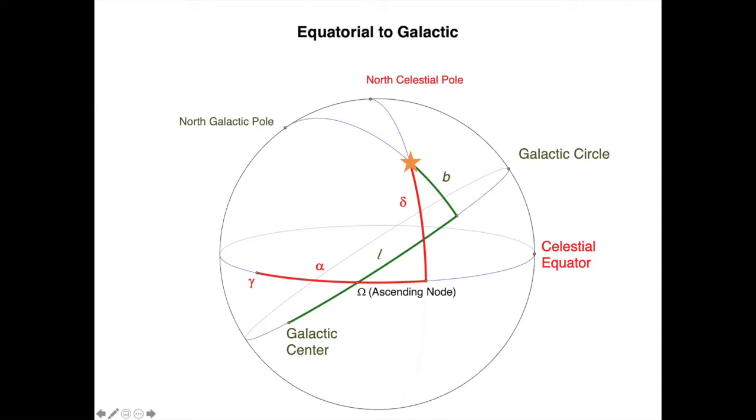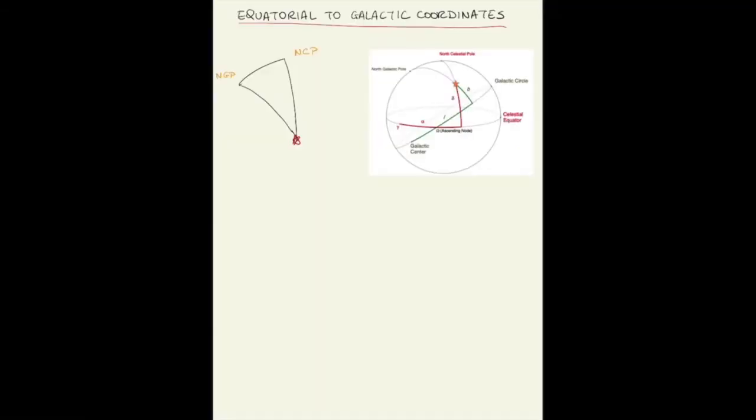So let's draw the triangle that is going to help us convert between the coordinates. The triangle is the one defined by the star, the north celestial pole, and the north galactic pole. So let's do the trigonometry for this triangle. The elements of this triangle are: from the celestial pole to the star, that's 90 minus declination.